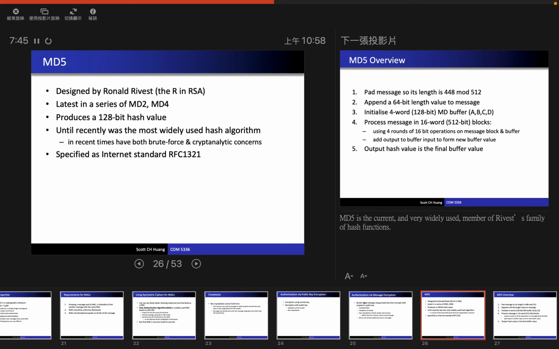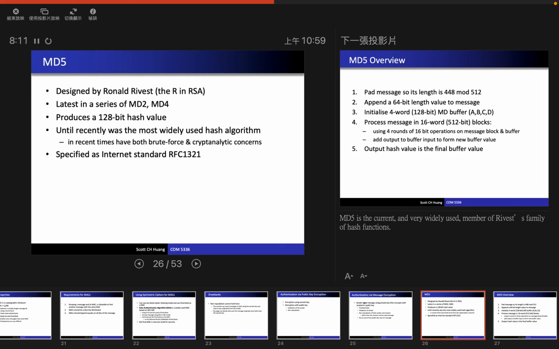The most popular one was called MD5, designed by Ron Rivest. It produces a 128-bit hash value. This was the older version, so the security level corresponds to 64-bit encryption algorithms.